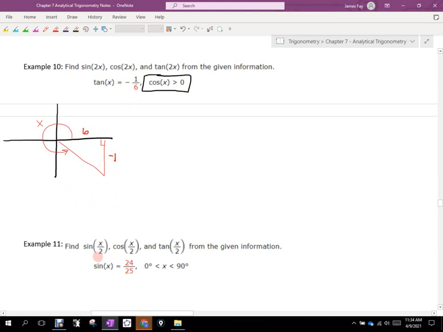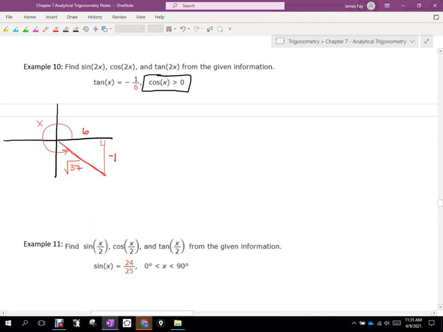The 1. The Pythagorean theorem is going to tell you that this distance right here is radical 37. We square 6, square negative 1, add those together, I get 37, and then take the square root.